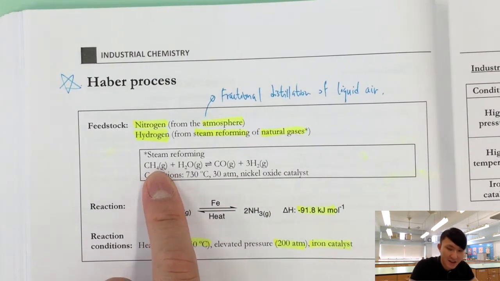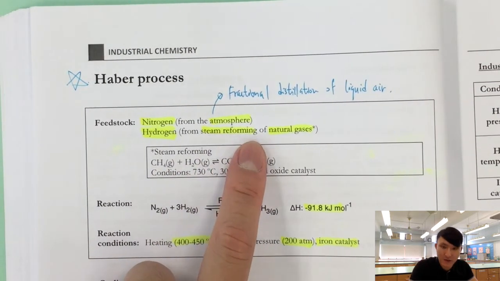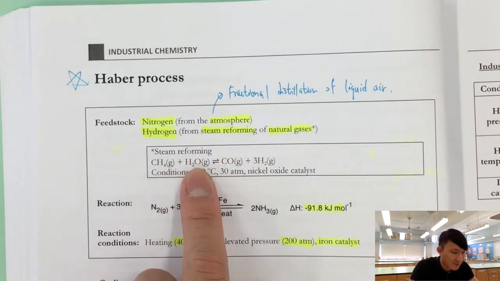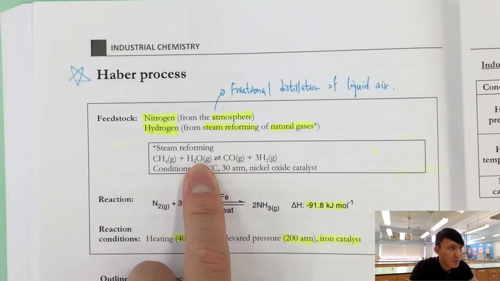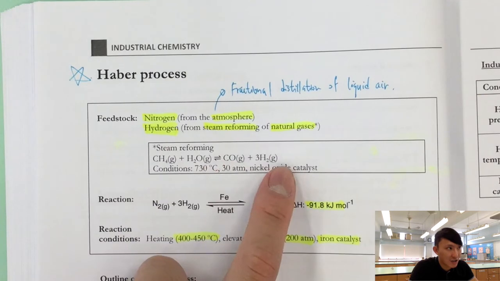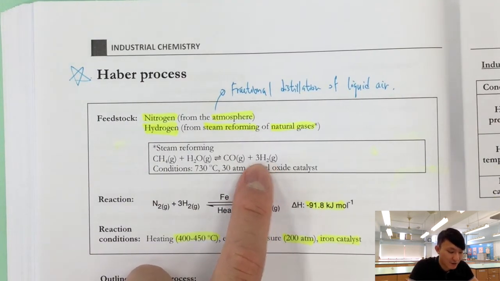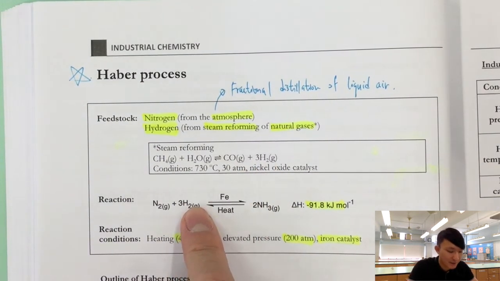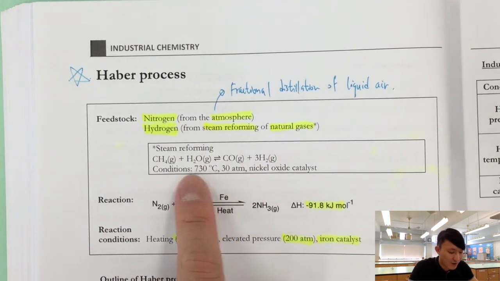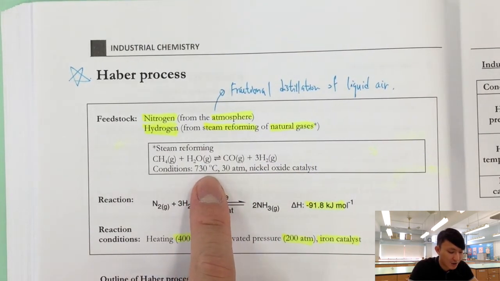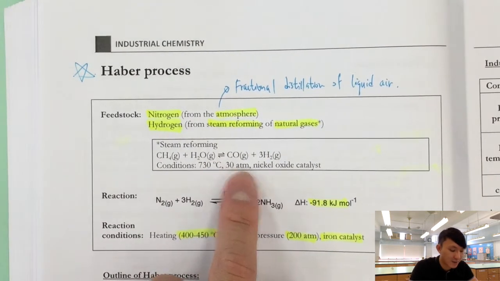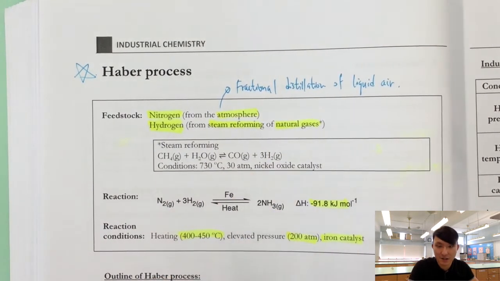So we get the methane, and judging from the name steam reforming, you can tell we react it with steam. This will produce carbon monoxide and hydrogen gas. Now you see this reaction is able to produce a huge amount of hydrogen gas, and this hydrogen gas can be used in the Haber process. The conditions required are much harsher: over 700 degrees Celsius, 30 atm, and a nickel oxide catalyst.